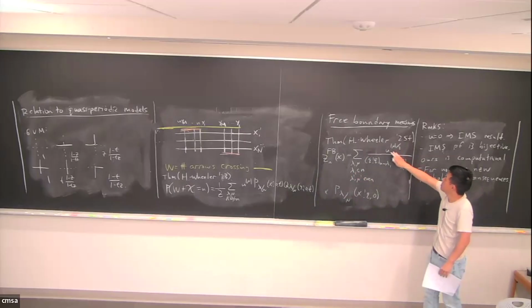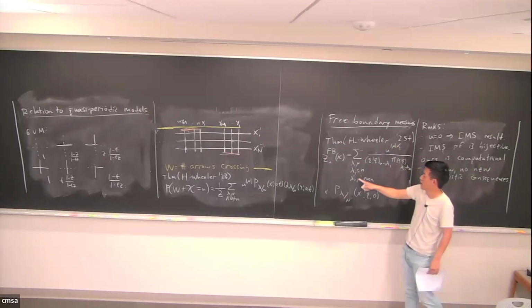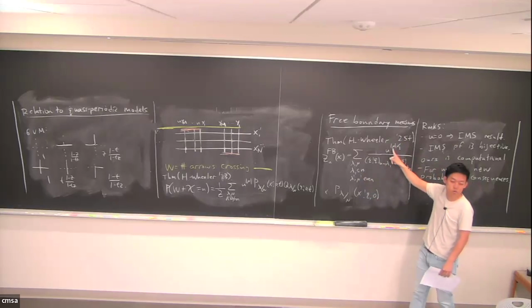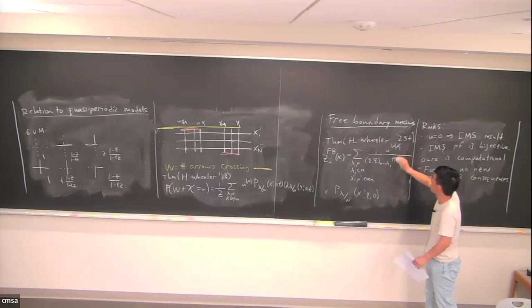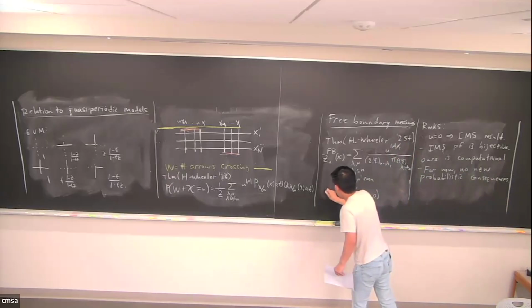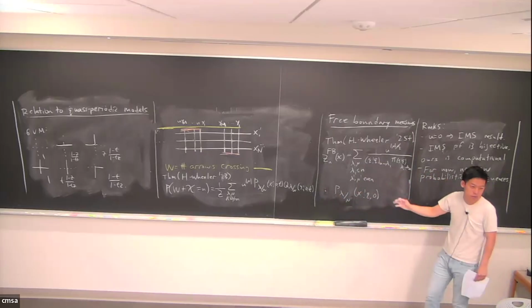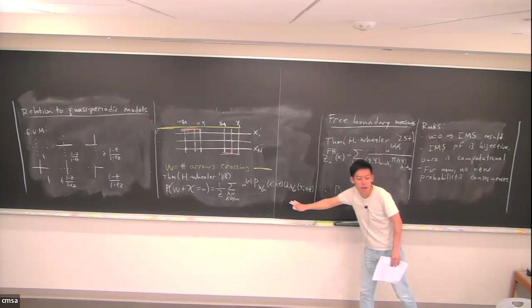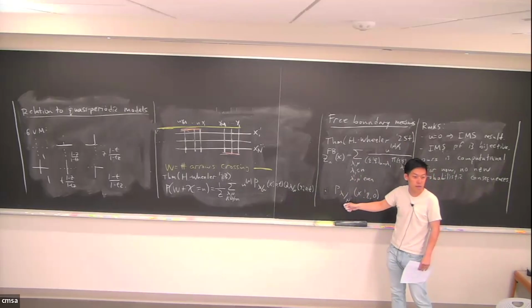Notice this is u to the size of mu divided by 2, but this is always an integer power because my partitions are even. So the size of mu is always going to be an even number, so the square root is not so important. And this is multiplication. This is an expression that looks a lot like what we had before, except now instead of a product of two p's, we just have one p. Okay, so this is the only real difference.